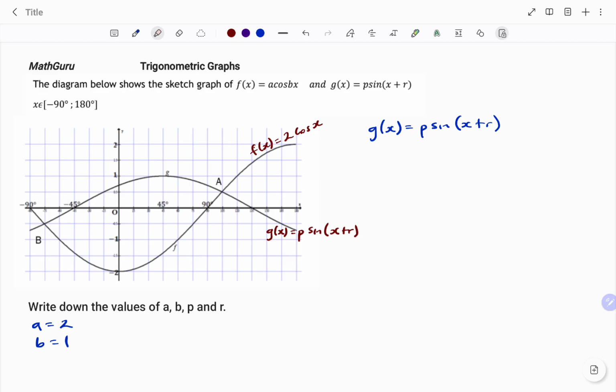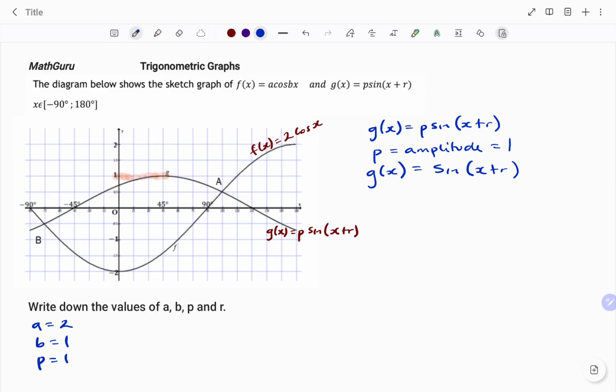If I go to my sine graph and check my crest here and trace it back to my y-axis, that is sitting on 1. So therefore my amplitude, or my p, will be equal to 1. If I rewrite my sine graph, that's g of x equals 1 times sine of x plus r. So I have p is equal to 1.